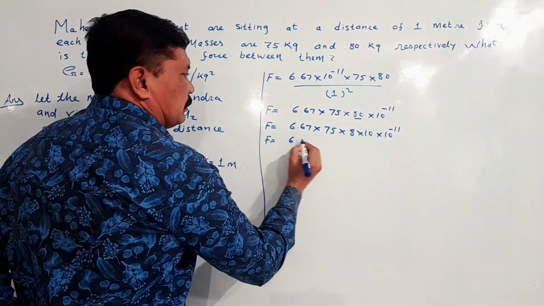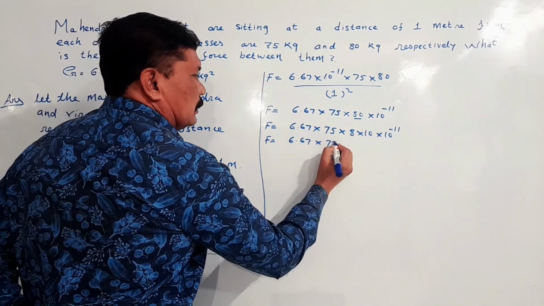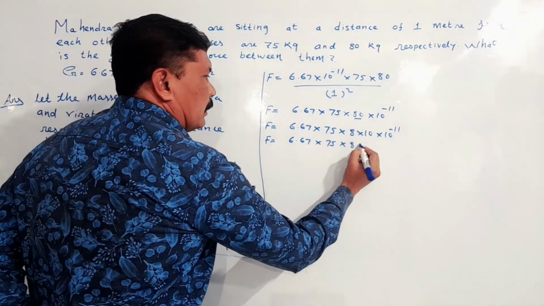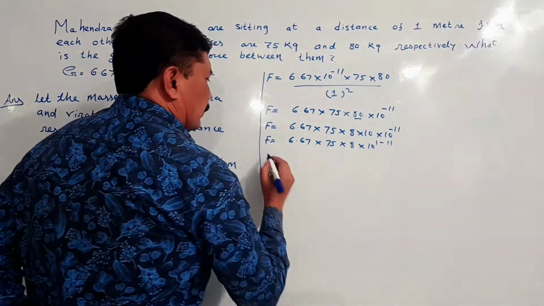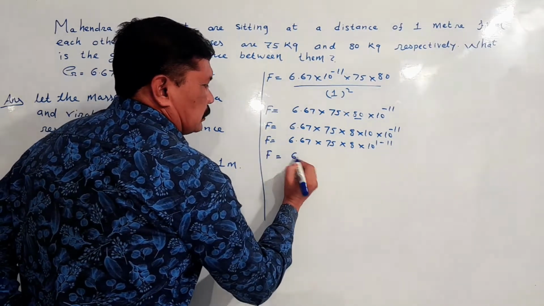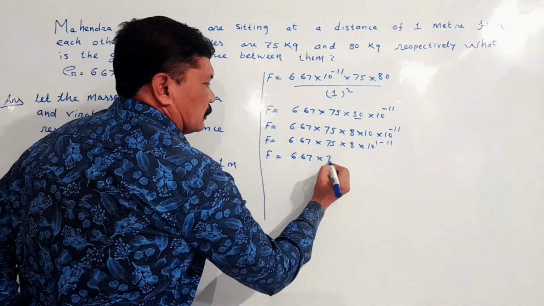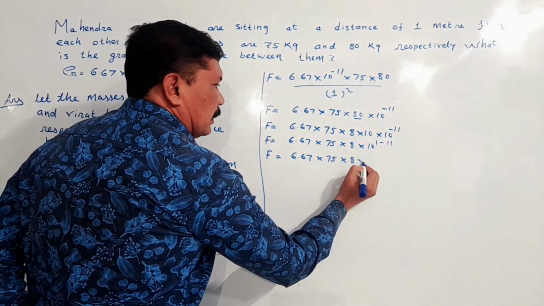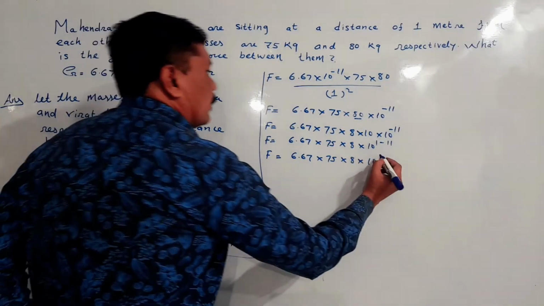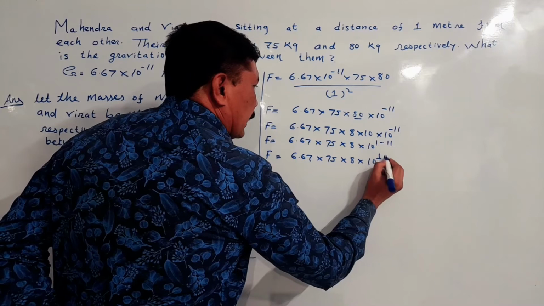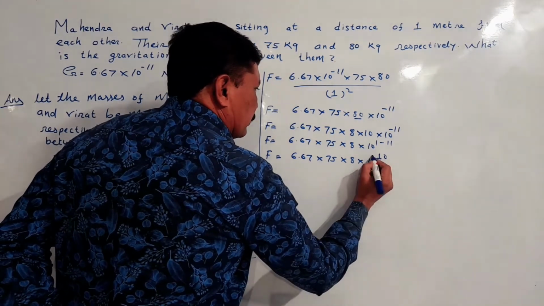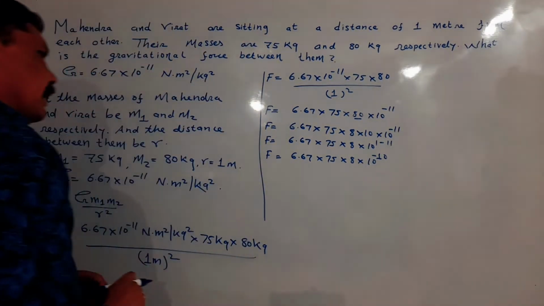F is equal to 6.67 into 75 into 8 into 10 to the power 1 minus 11, which is 10 to the power minus 10.